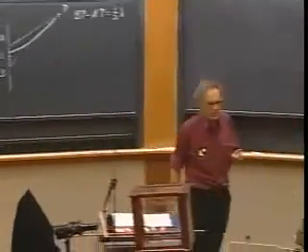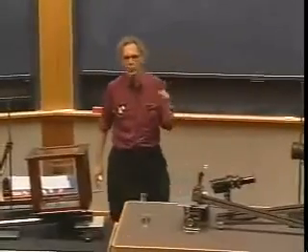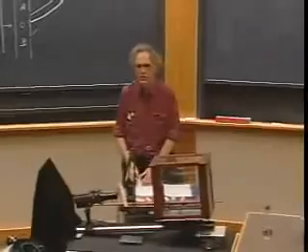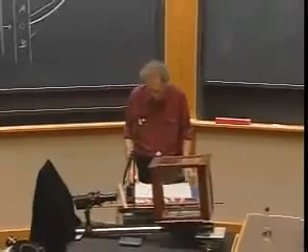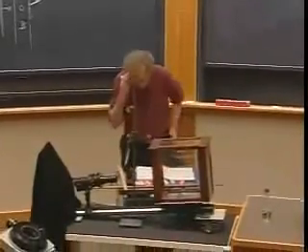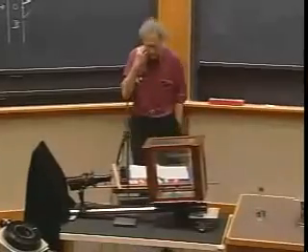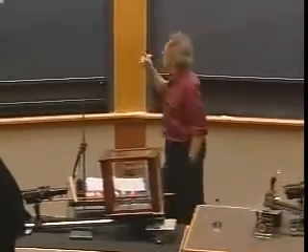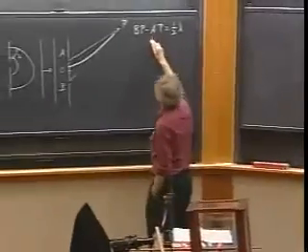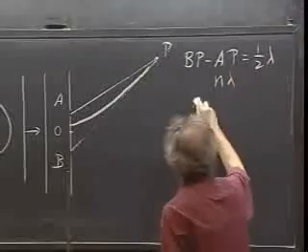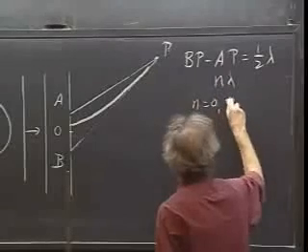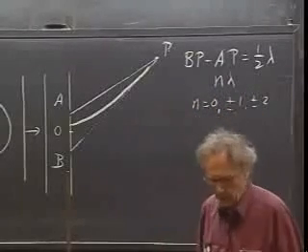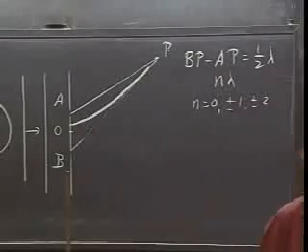Tomatoes don't do that. One tomato on top of another tomato does not give no tomato. That is distinctly different from particles. Now, of course, there are also hyperboloidal surfaces for which there is constructive interference. In other words, if I make this difference n times lambda, whereby n is either 0 or plus or minus 1 or plus or minus 2, then I would get surfaces for which we get constructive interference.